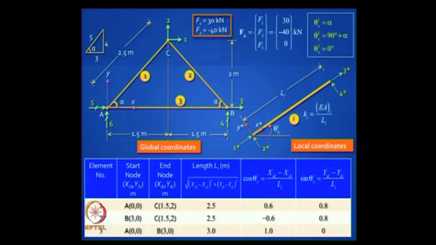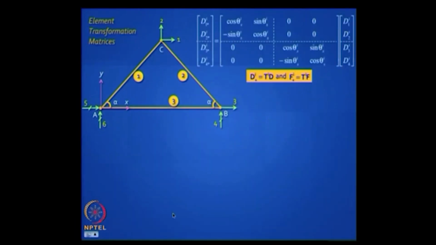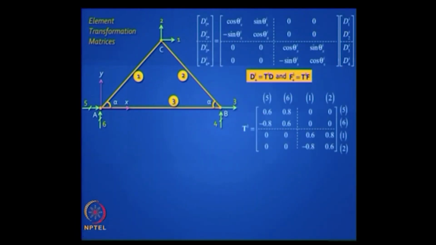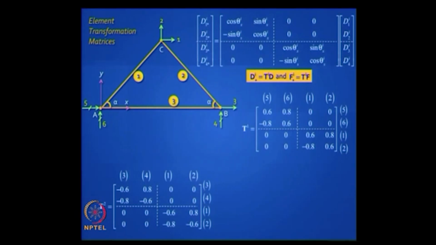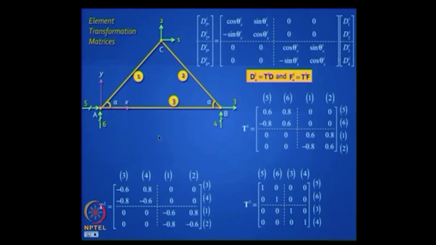All you need is to write the algorithm, but don't forget your linking coordinates, and when you program it you must write down a subroutine which can handle this nicely. Is it clear? So that is why we got 3 4 1 2, and for the third element the start is here, the end is there, so it is 5 6 3 4. Is it clear? So can you generate these matrices? Very easy. What is your next step?